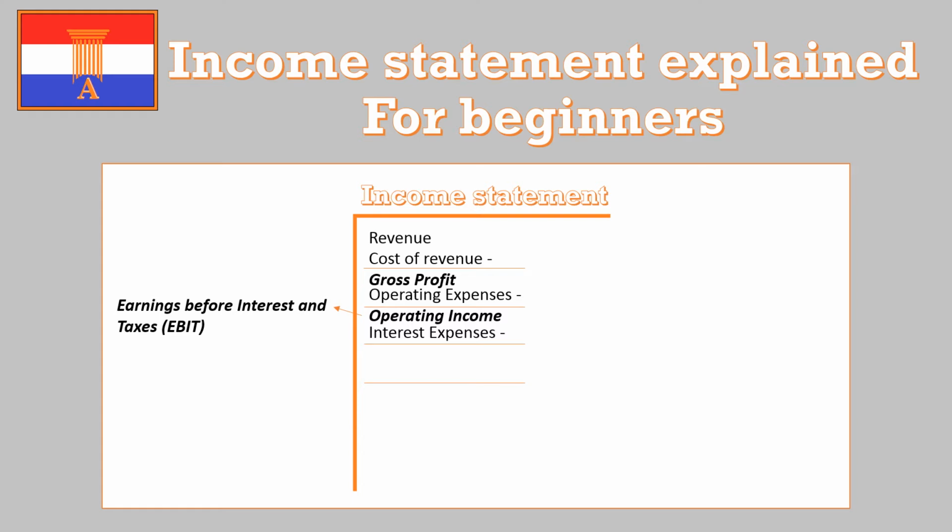So those will be put here, and if you deduct the interest expenses from the operating income, you get income before taxes. It's basically clear cut because if you look at the earnings before interest and taxes, then take the interest expenses off, all you have left is earnings before taxes because the interest is already deducted.